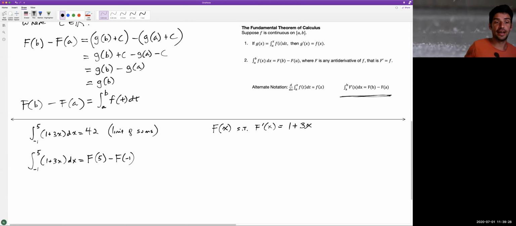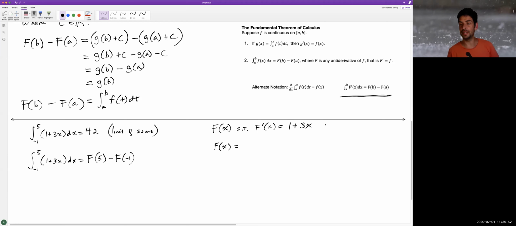Okay. Now, we are going to do some work. Again, I keep saying in later videos, but we'll get there. How do we find these antiderivatives? Right now, we're going to develop some rules, but right now, all we're going to do is kind of guess and check our way there. So let's look at 1 plus 3x.